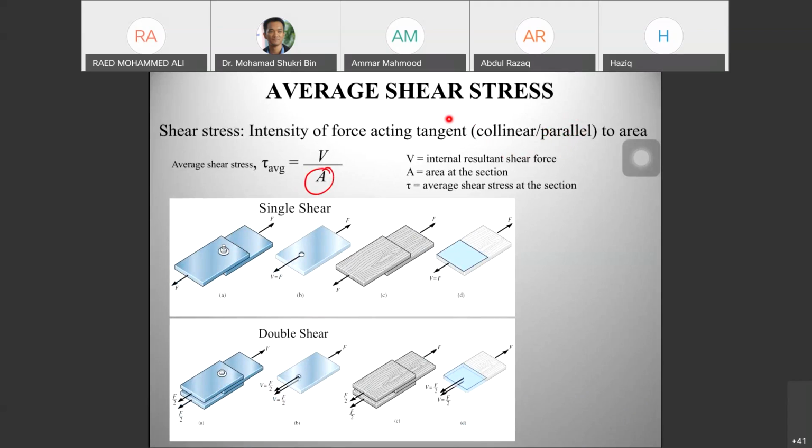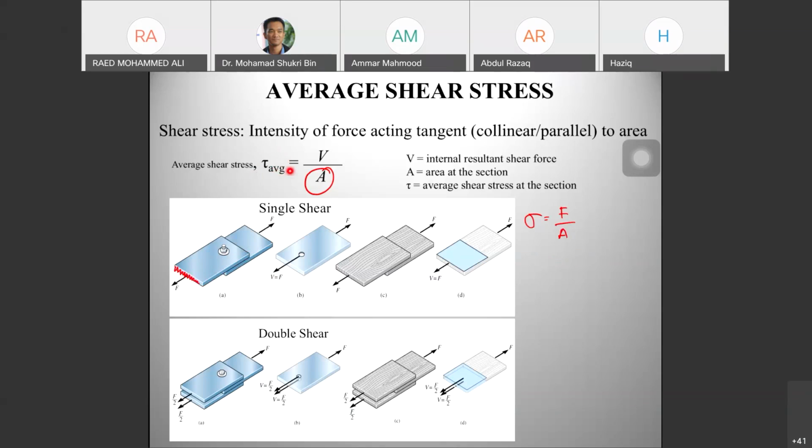For the shear stress, let's say we have these plates attached together here. For the normal stress, the formula is F over A. For the shear stress, we use the symbol tau.